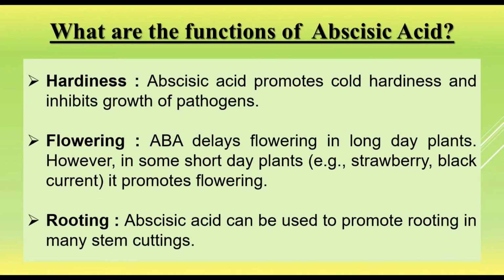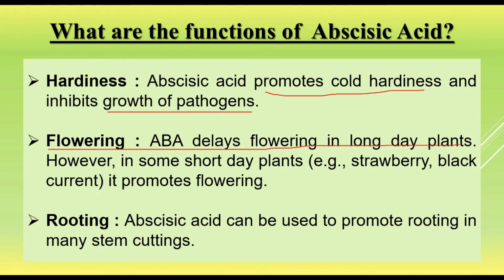Now some more functions. Abscisic acid promotes cold hardiness and inhibits growth of pathogens. Thus it helps the plant to overcome adverse environmental conditions. Abscisic acid also delays flowering in long day plants.